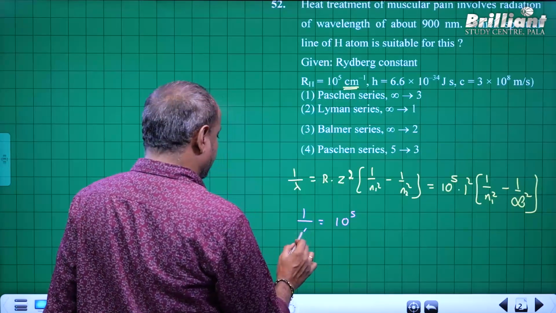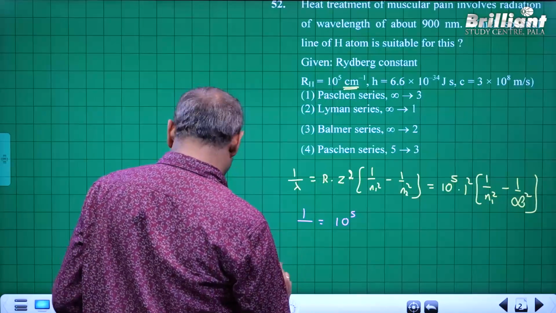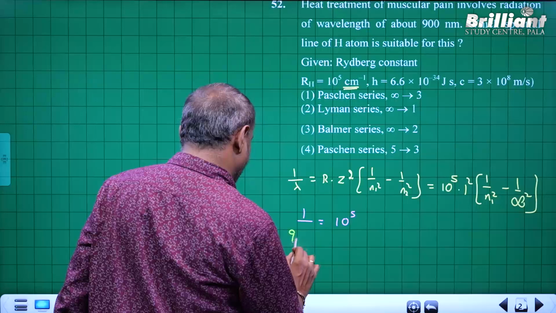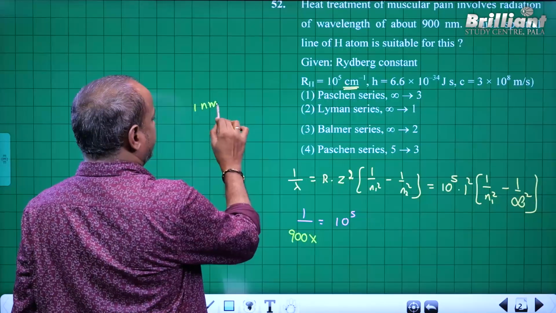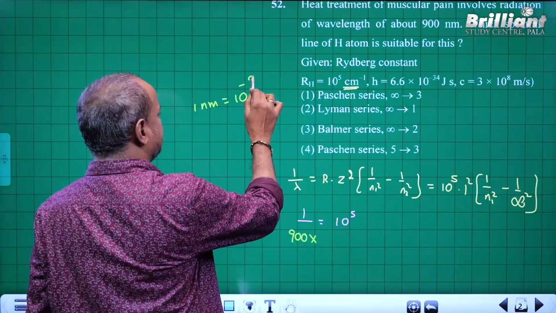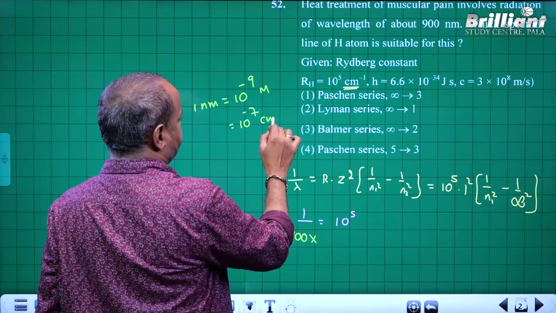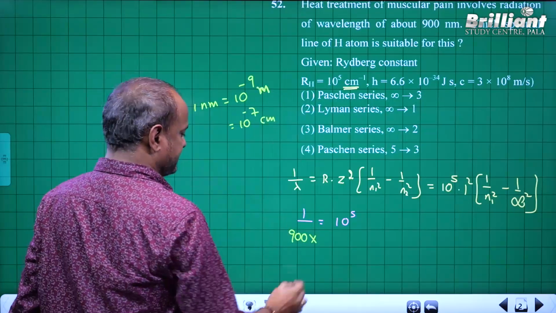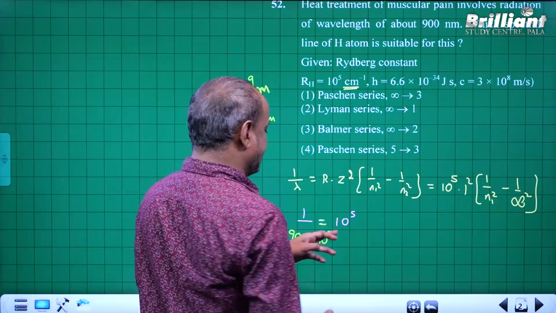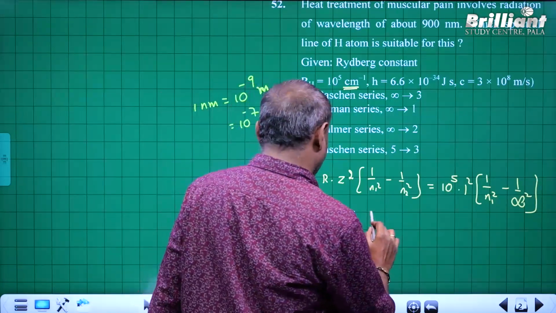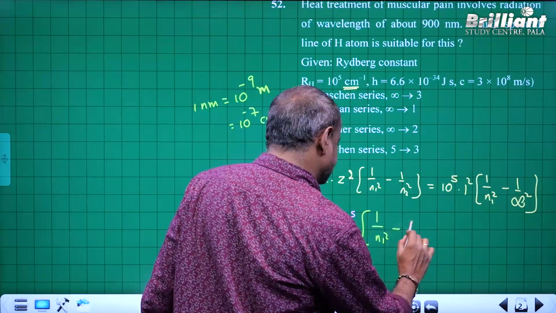Lambda given is 900 nanometers. 1 nanometer is 10 raised to minus 9 meters, that is 10 raised to minus 7 centimeters, because this is taken in centimeters. Then 1 by n1 square minus 0.